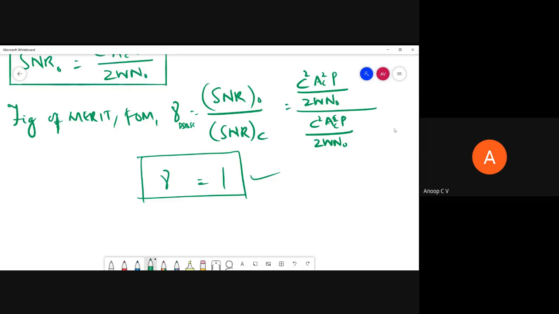Then we got X of t. X of t had two components, S of t and N of t. Then that is passed through a low pass filter. So we expanded that S of t plus N of t and did some rearrangement. Wherever we had the cos square theta term, we replaced it with 1 plus cos 2 theta by 2. Wherever we had the cos theta sin theta term, we replaced it with half sine 2 theta. Then when we pass it through a low pass filter, all the high frequency components were filtered out.